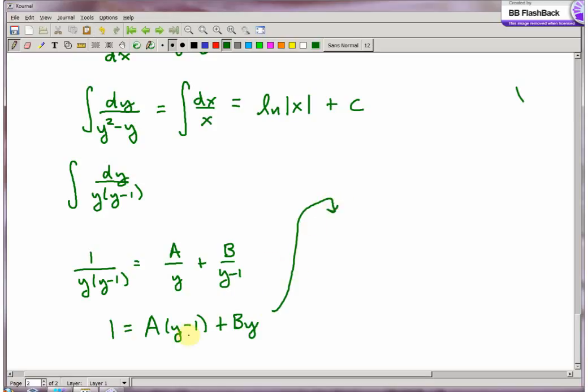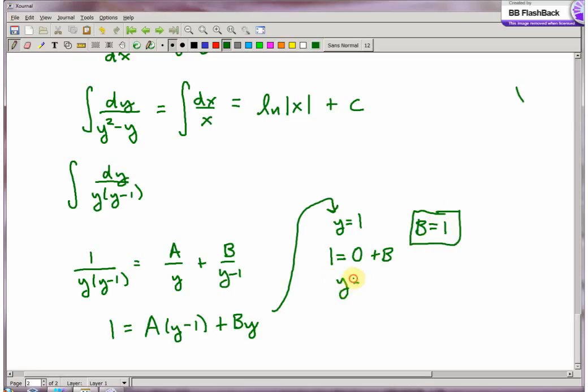What I want to do is pick the value that makes one of them disappear. Let's say y is equal to 1. Then I've got 1 minus 1 and a gets killed. When a is 0, I get 1 is equal to 0 plus b, and this tells me that b is equal to 1. So I'll make a little box around that.